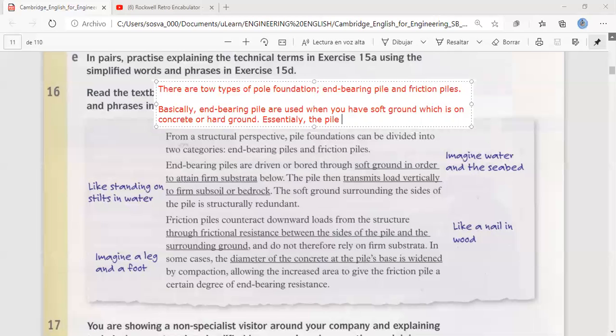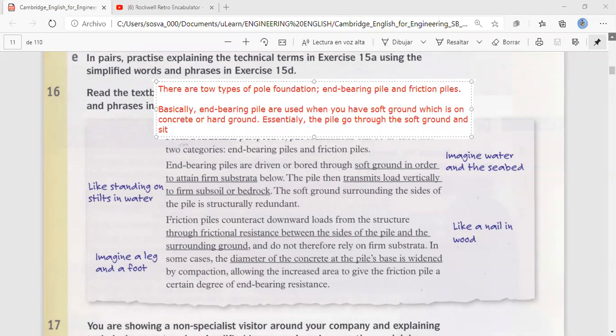The pile goes through, que significa a través. It moves through the soil. We can say the soil is soft ground. And it sits, y se pone where? It says to firm subsoil.